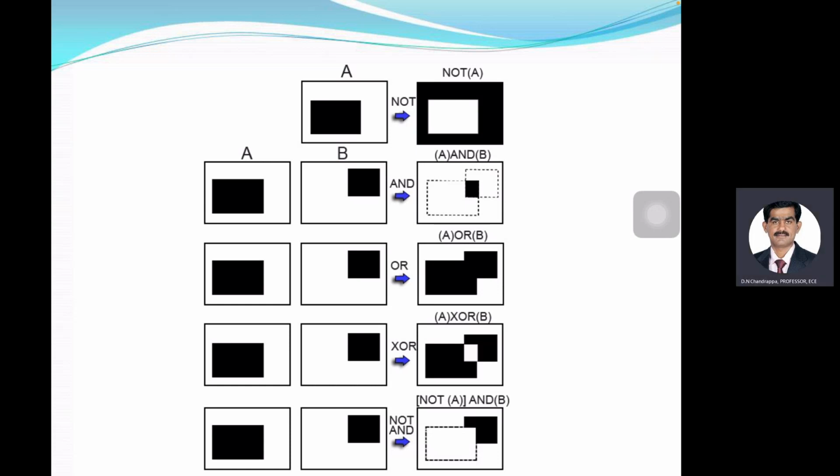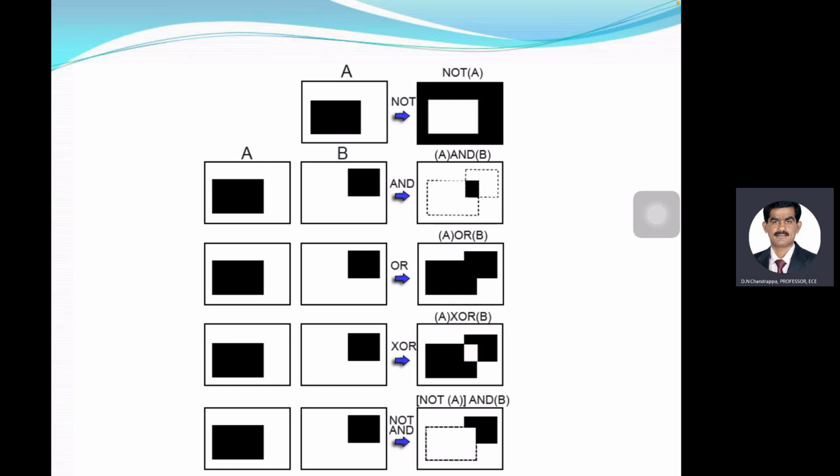In morphology, mainly you have two things. One is called dilation and the second one is called erosion. These are the two operations available in morphology. These operations are fundamental to morphological processing.